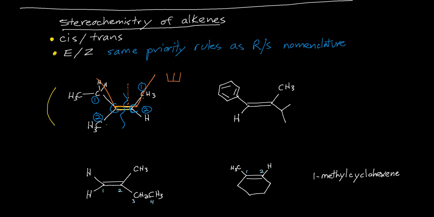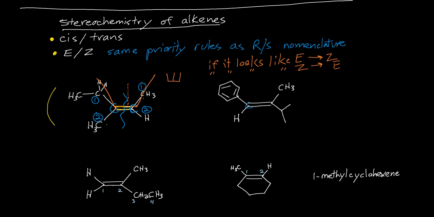If it looks like E, this is the mnemonic, then it's Z, stereochemistry. And if it looks like Z, it's E. Other people have different ways to remember it. Z sounds a little bit more like cis, perhaps. Some people remember that. So let's look at this example on the right.